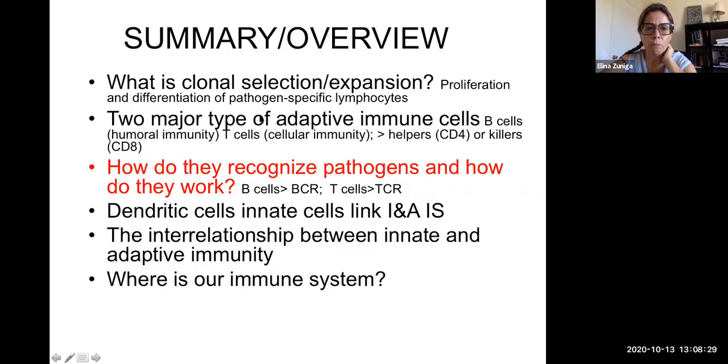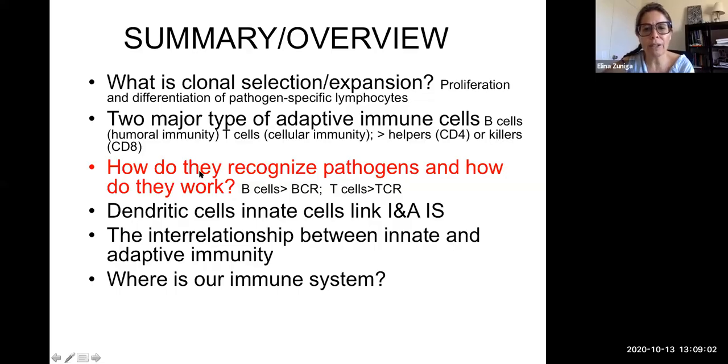We learned that there are two major types of adaptive immune cells: the B cells, responsible for humoral immunity or antibody-mediated immunity, and the T cells, responsible for cellular immunity. In the case of helper CD4 T cells, they will help other cells like macrophages. In the case of CD8 T cells, they will be cytotoxic when they acquire effector functions and they will kill an infected cell.